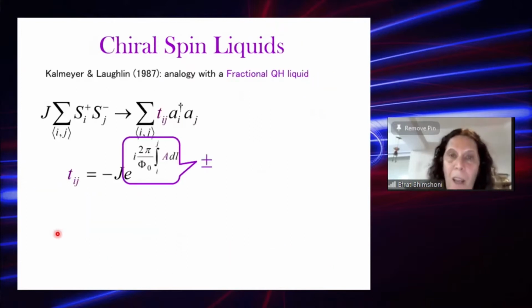So perhaps one of the first proposals, I think, for such an object was introduced in this famous work of Kalmeyer and Laughlin, where they show that on a triangular lattice, one can map the spin Hamiltonian to some tight binding model of particles.